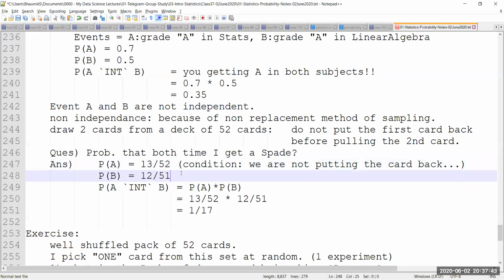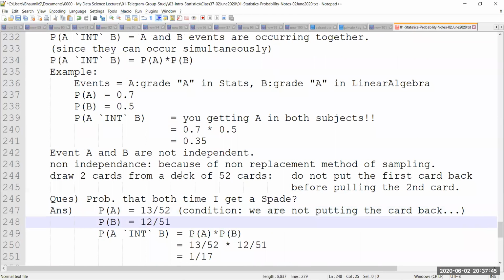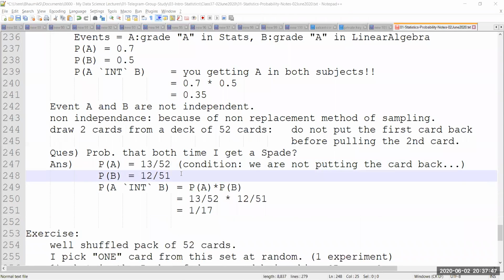So that condition has to be met. This is obviously a situation with not independent events, but this is also a case where we can talk about conditional probability, and that's the next step that we are going to take.